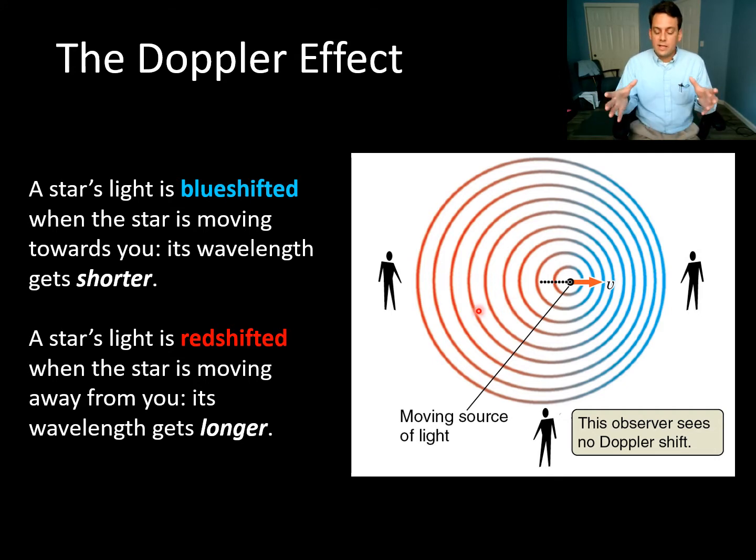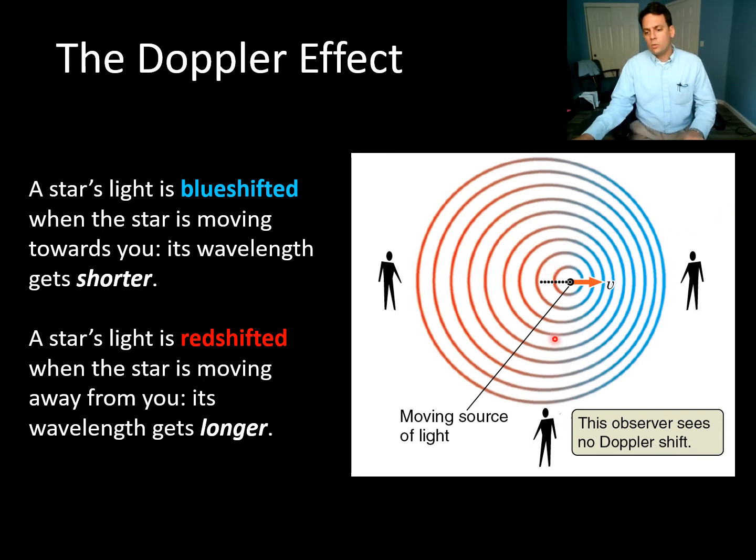As the star emits light, it emits waves. We think of light as a wave typically when it's traveling through space, and as a wave it's got peaks and troughs. It's moving in a sinusoidal way. In this type of diagram, every ring represents a peak or a maximum of that wave.